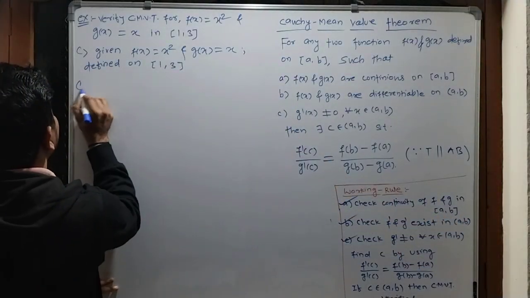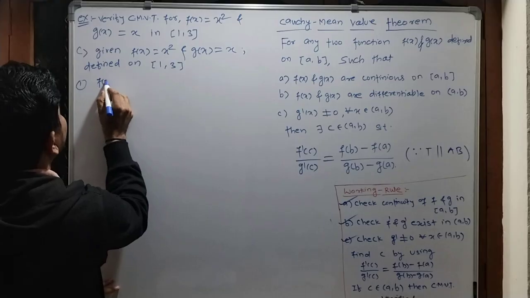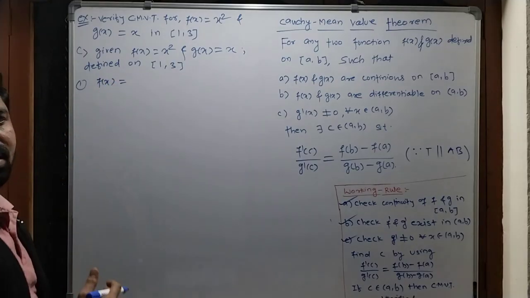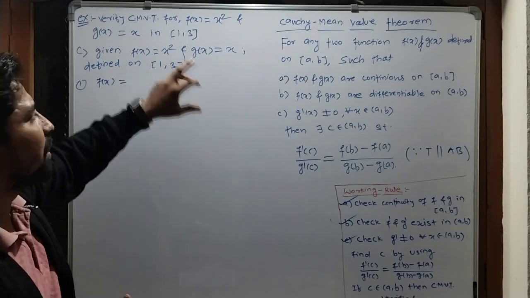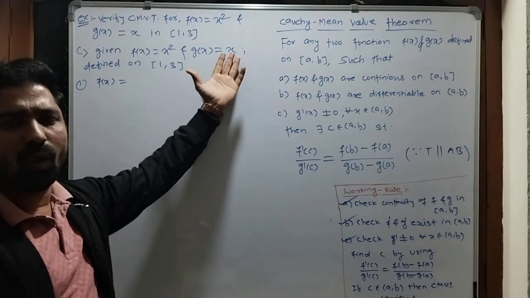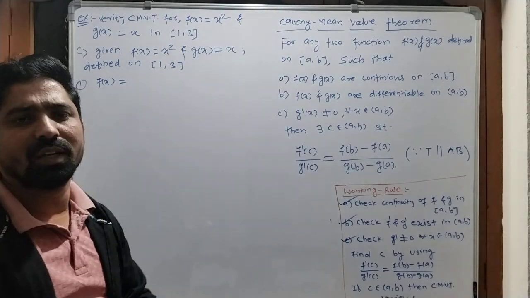So here first condition, f of x equal to x square, this is a polynomial in x. All polynomial functions are continuous, so f of x is continuous, and g of x is again a polynomial in x, so g of x is continuous.